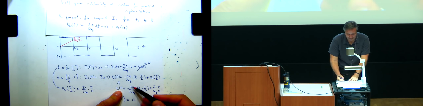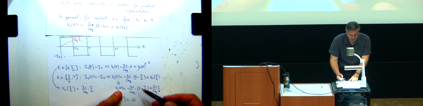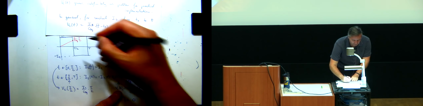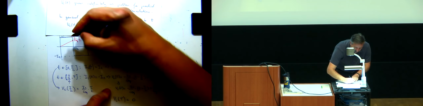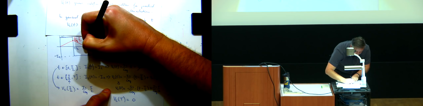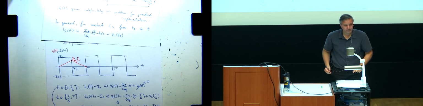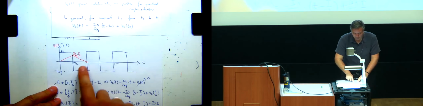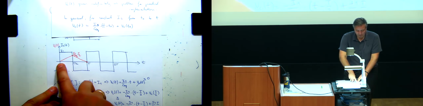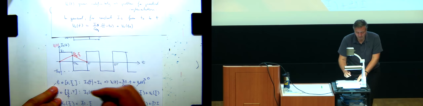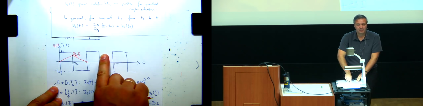Because it's minus I1 over C equivalent times t. And we know the starting point, it's here, and we know the end point, it's 0. So the line looks like that. Now, the new period begins, T. We're at 0, which is the same as the starting point. How is this waveform going to look like?